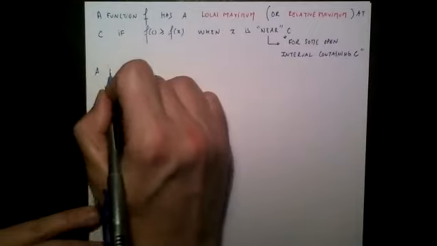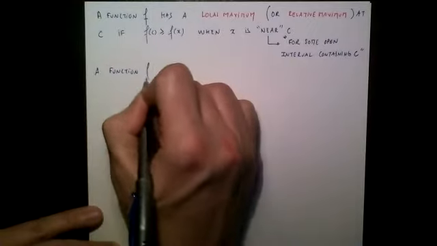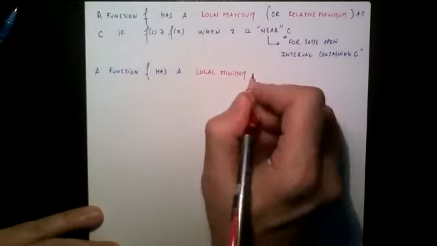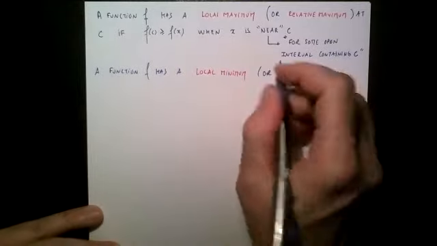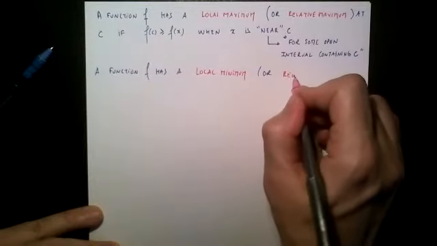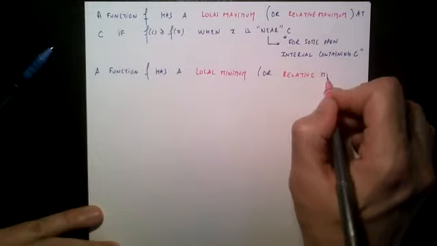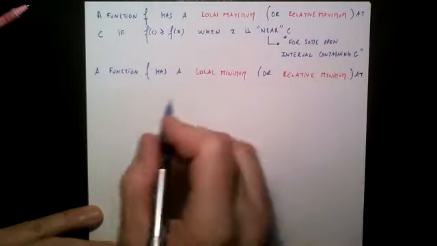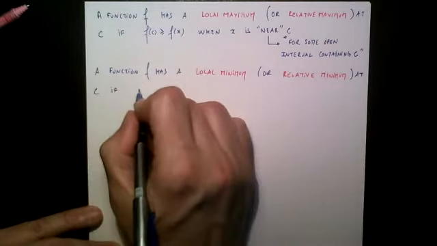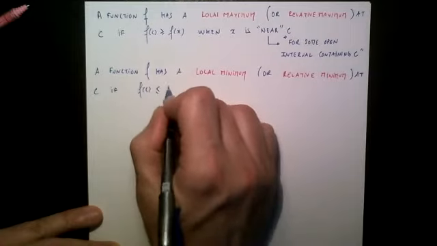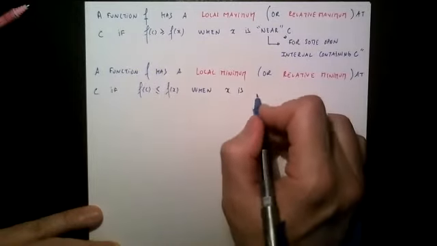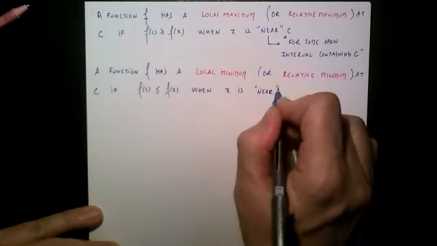Okay, so a function f has a local minimum, or relative minimum, at c, same idea, if f of c is less than or equal to f of x when x is again near c.